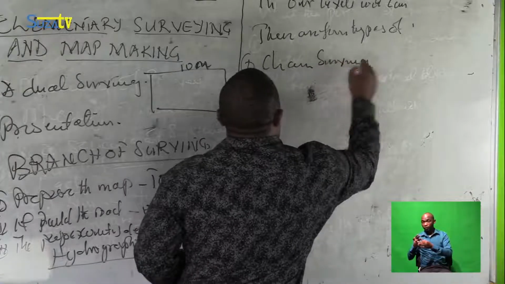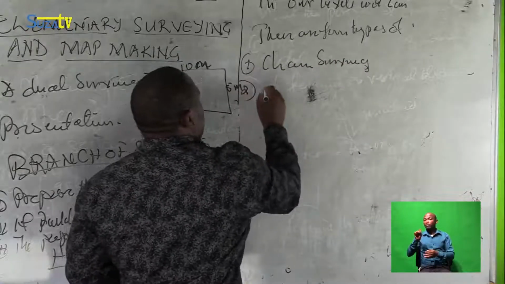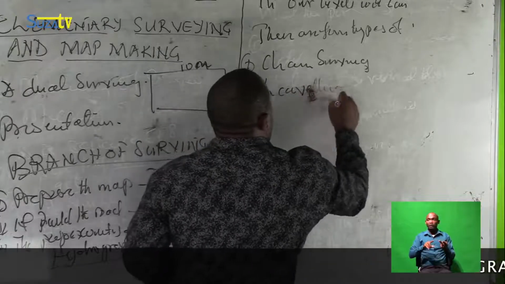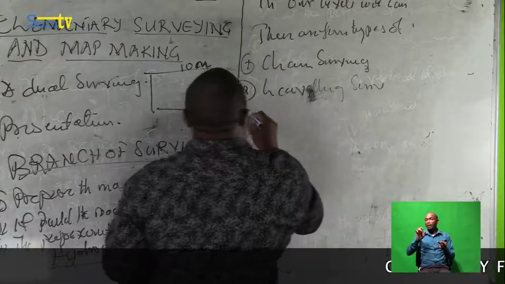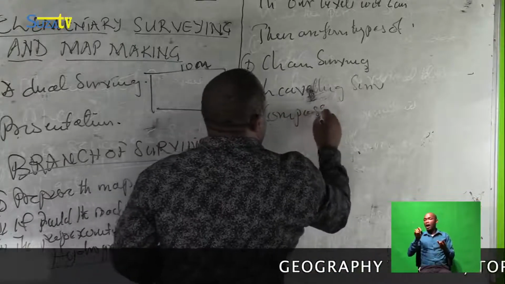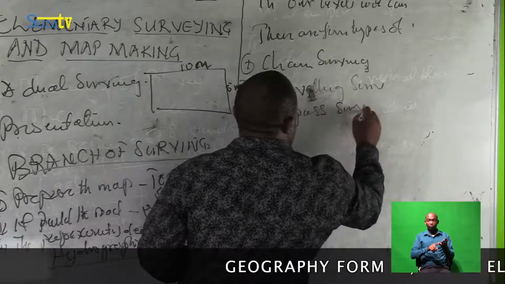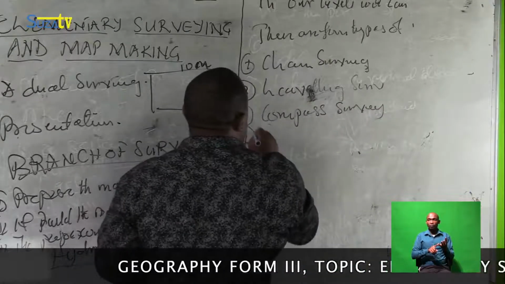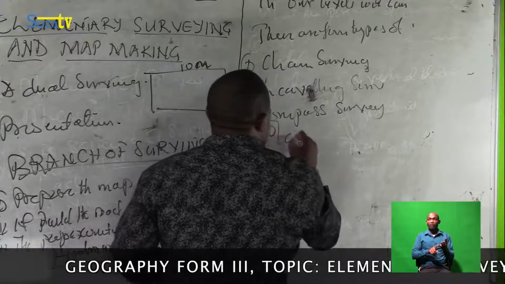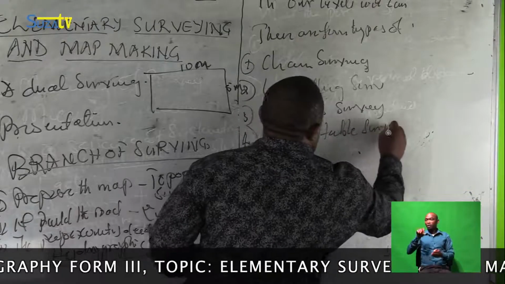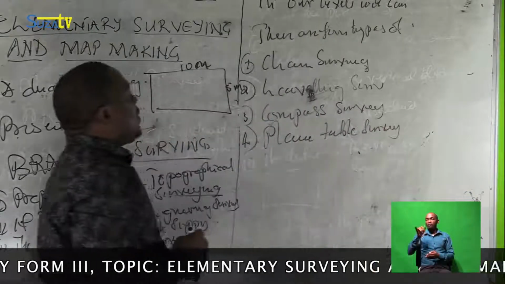The second is leveling surveying. The third is compass surveying. And the fourth is plane table surveying. This is survey according to the method.